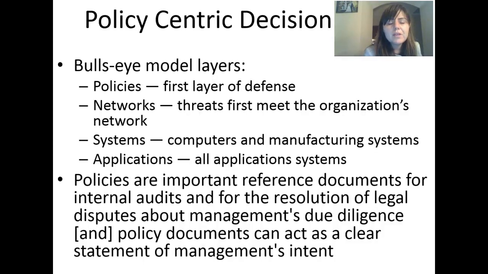In this model, all the issues start from policies. So the first layer of defense is policies. The next one is networks, which are those threats that meet the organization network. Then the third layer is systems, which deals with computers and manufacturing systems. And then application, all of the application systems that are in the organization.